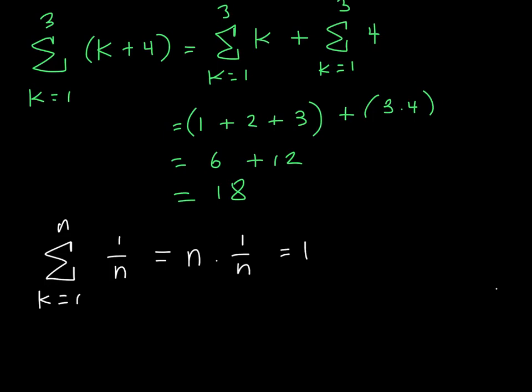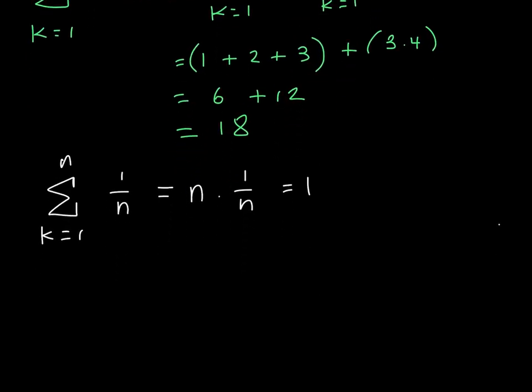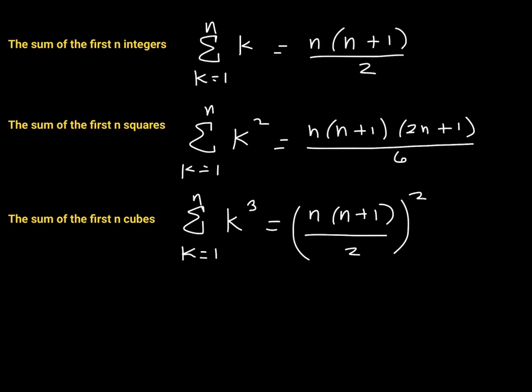Now, there are some really popular formulas using finite sums. Let me show us a few. The first one is the formula for the sum of the first n integers. This first formula for the sum of the first n integers is actually said to have been discovered by the mathematician Gauss at a very young age.